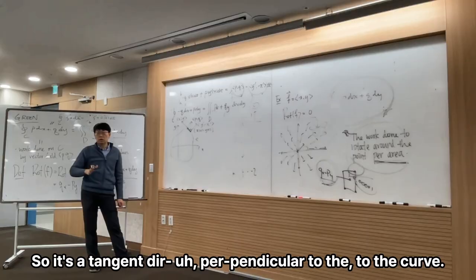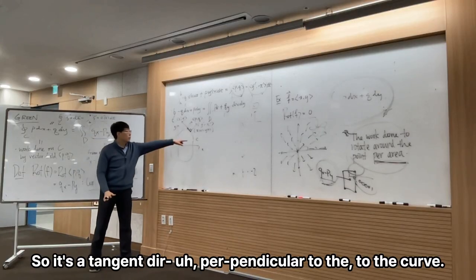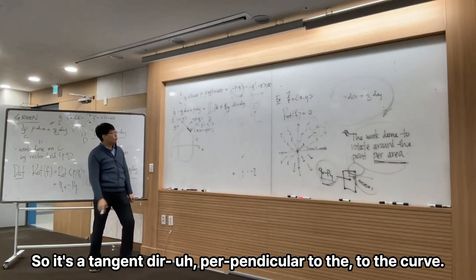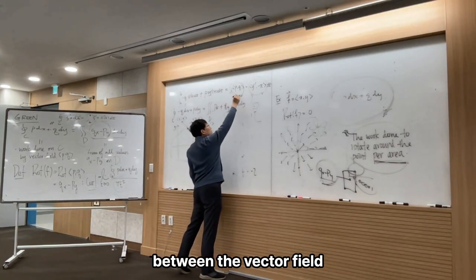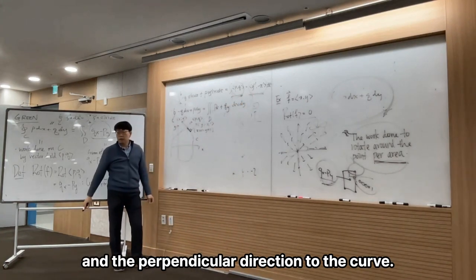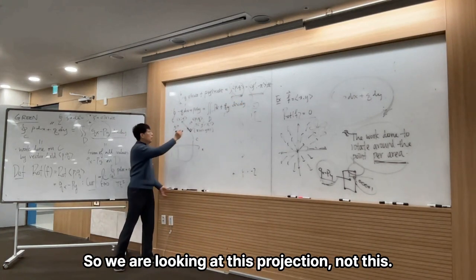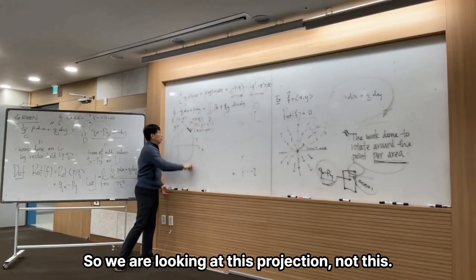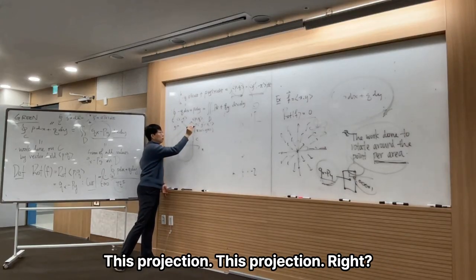So it's perpendicular to the curve. So we are taking the inner product between the vector field and the perpendicular direction to the curve. So we are looking at this projection, not this projection, right?